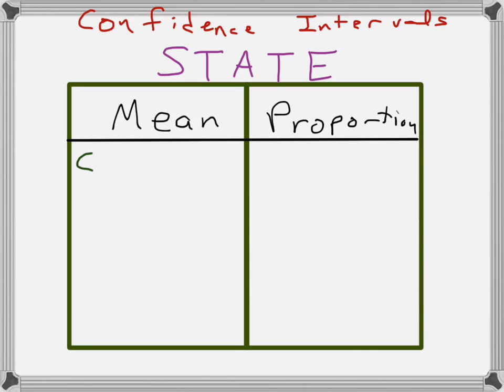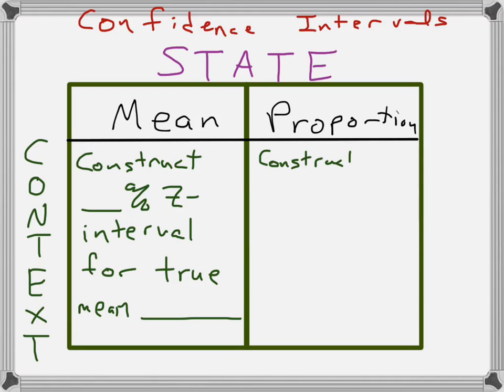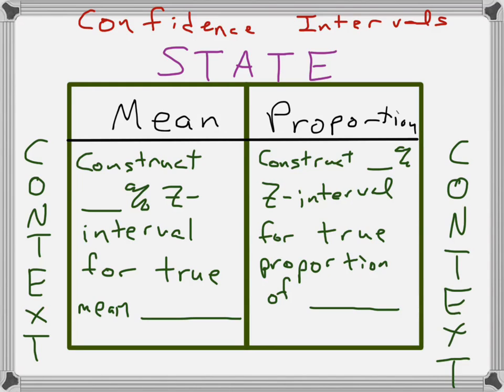The first step is to state what we're going to do. So for means, we say we're going to construct a blank percent z interval for the true mean of blank. For proportions, we're going to do the same thing. We're going to construct a blank percent z interval for the true proportion of the variable we're studying.